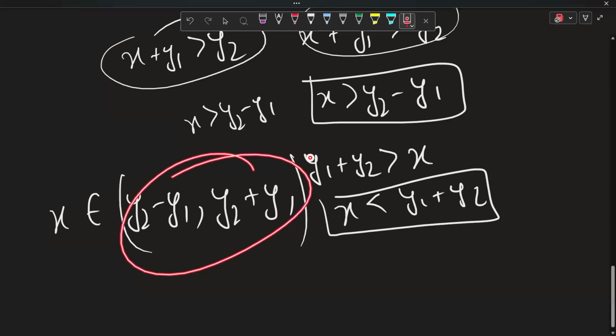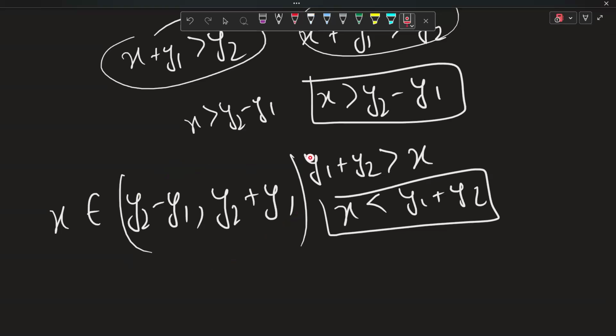So the maximum value of x that I can take, if you have two values y1 and y2 to form a degenerate triangle, is y1 plus y2 minus 1. And the minimum value I can take is the difference of the two, plus 1. So x has to be in this range.